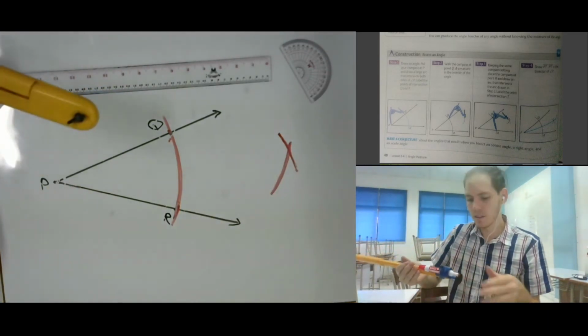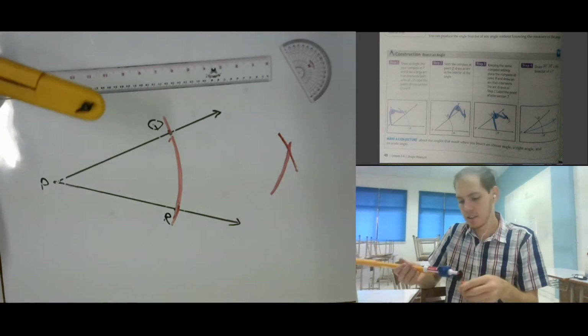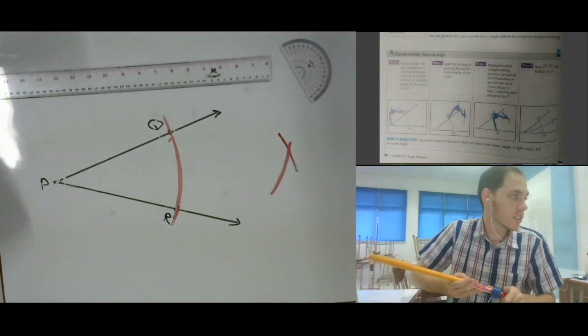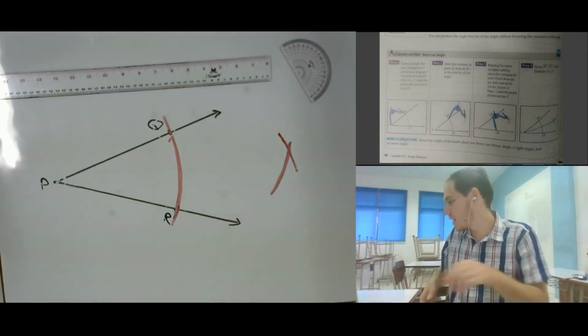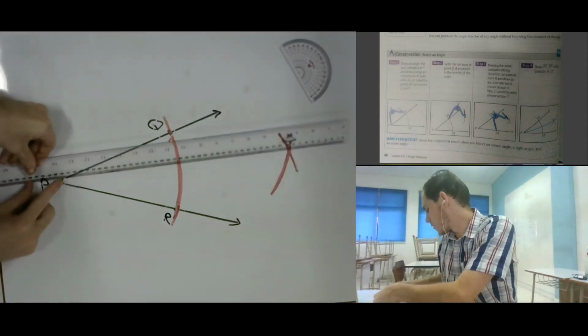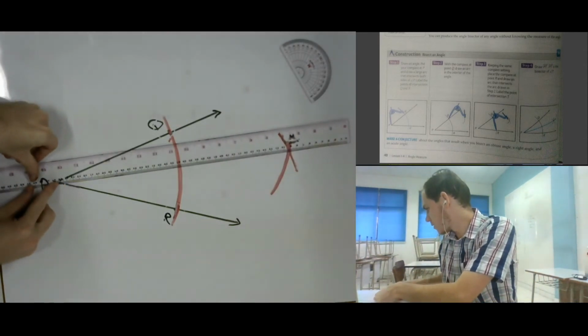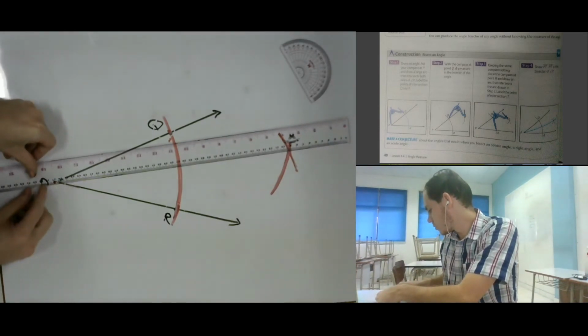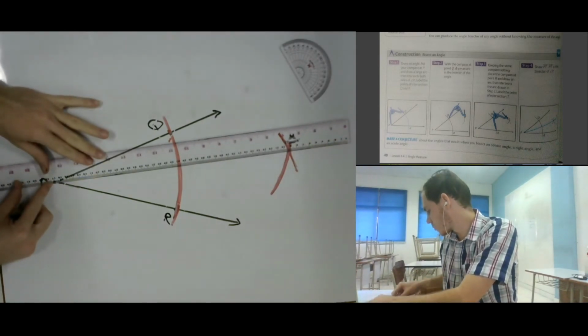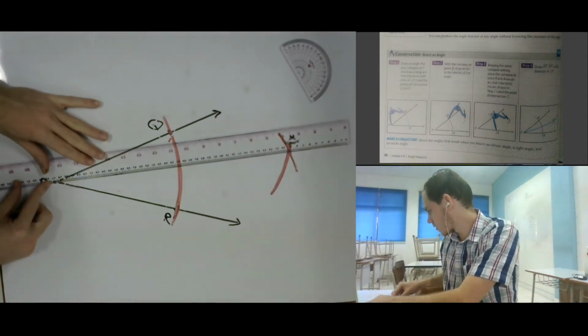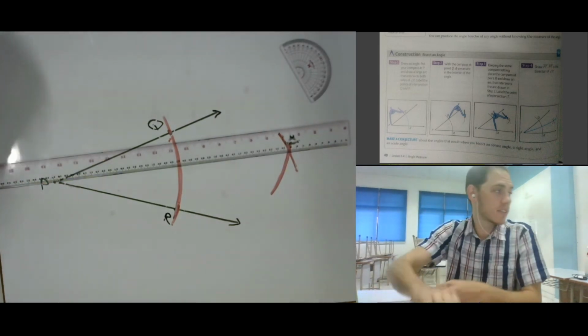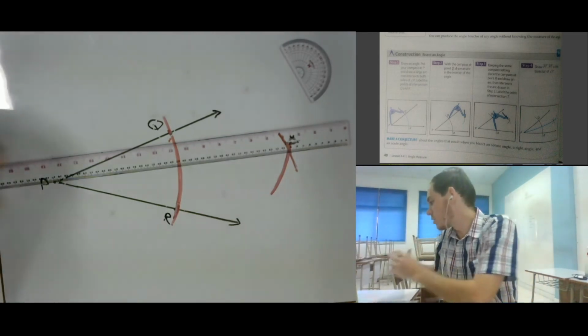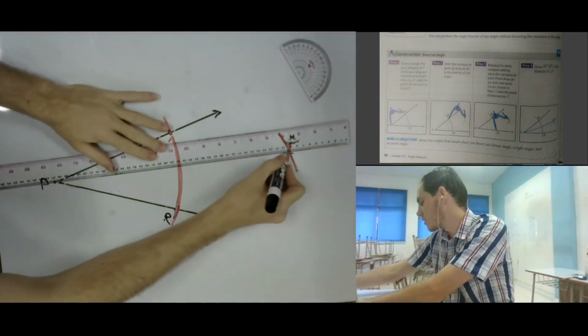Now, you have made such marks. So now you take your straight edge from the vertex out to their intersection, which in this case is right there, and you're going to draw a straight line.